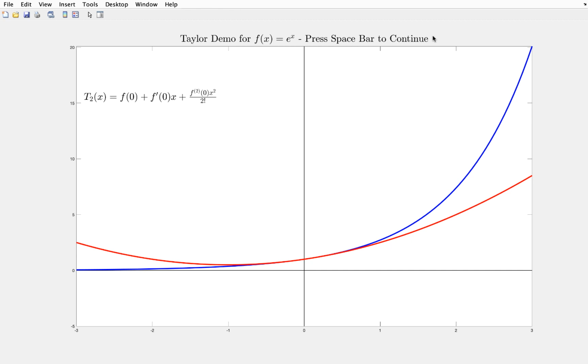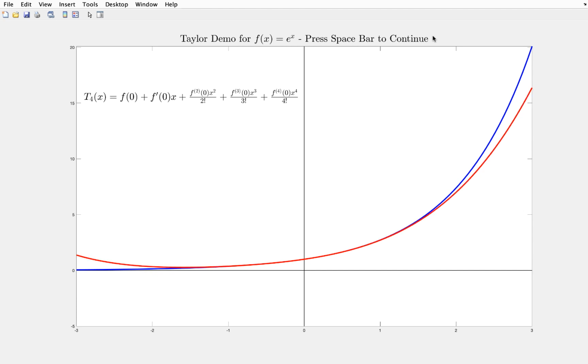The second order Taylor polynomial is the second order polynomial that matches f at 0, matches the derivative of f at 0, and also matches the second derivative of f at 0. The third order Taylor polynomial, of course, matches f and the first three derivatives at 0.